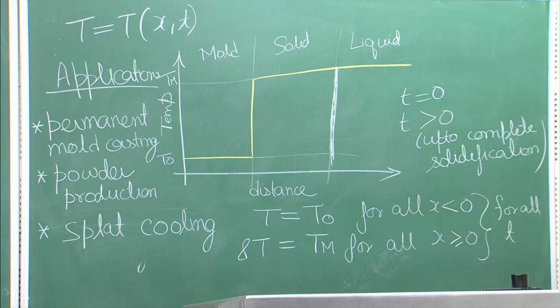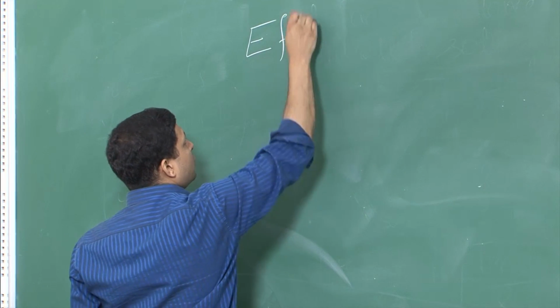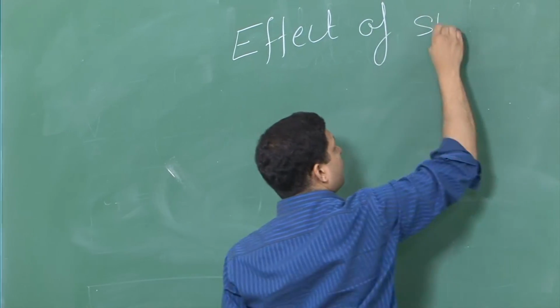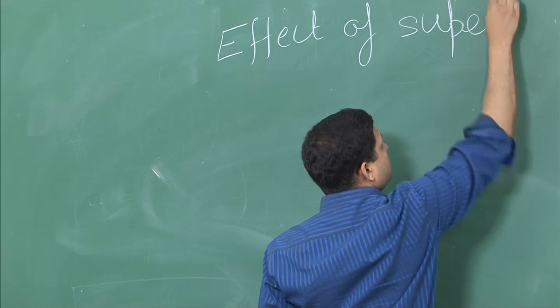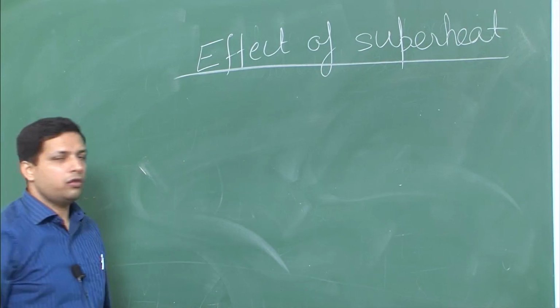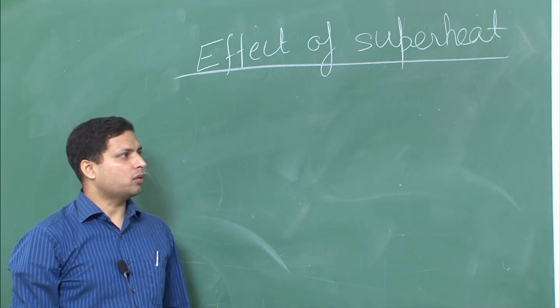We will also look at two more realistic conditions, but we will not derive those. We will only look at the final analytical solutions that have been found. But at this point what we want to do is understand the effect of superheat. First of all, what is this superheat that we are talking about?